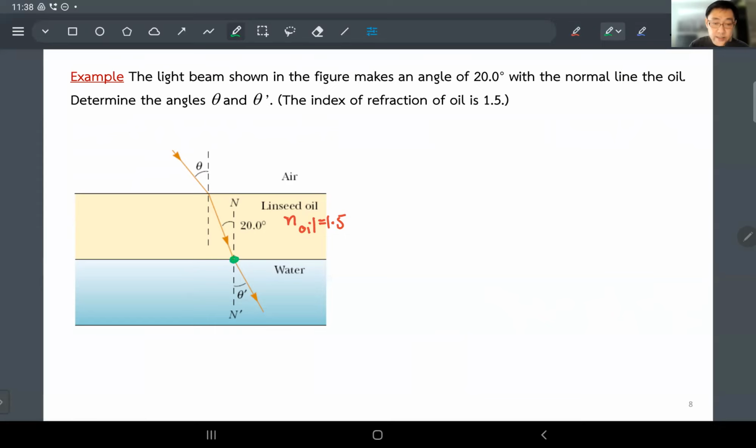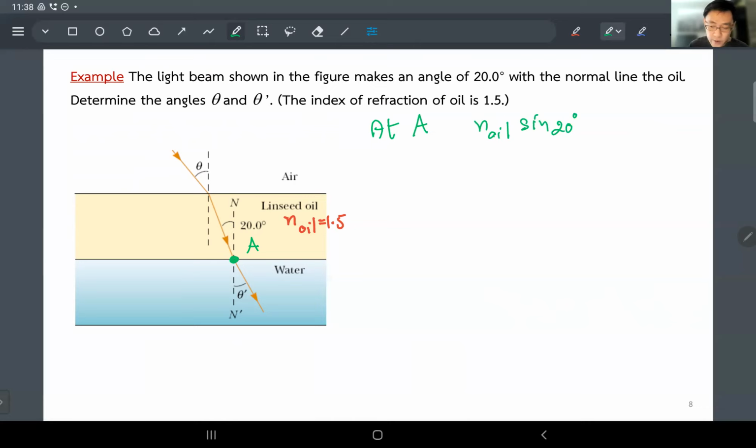So let's start from the easiest one, the one that makes contact with water at the middle interface there. So let me once again call this point A. So at A, you can start from the upper half to be in oil, n sine, perfect, 20 degrees already measured with respect to the normal.